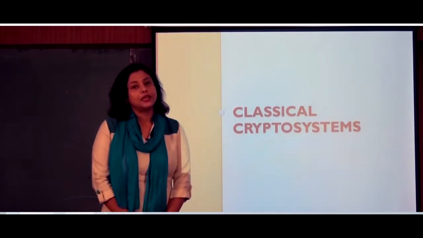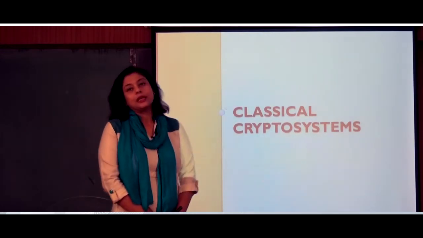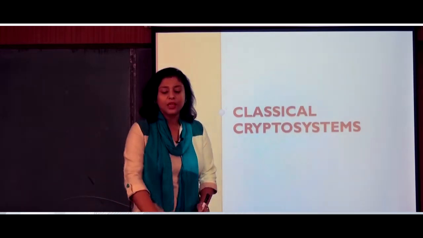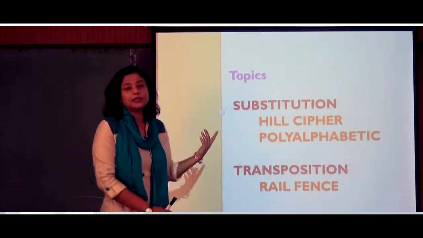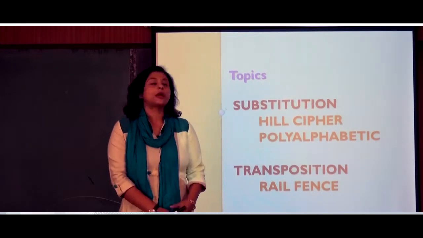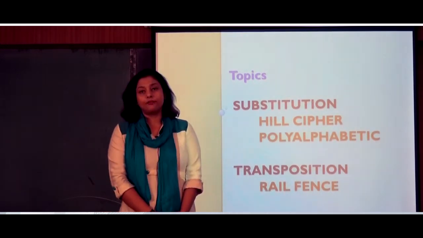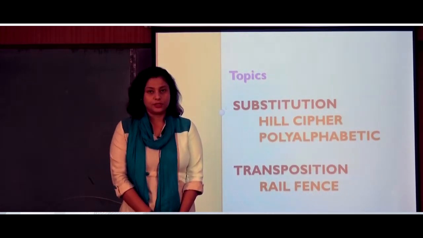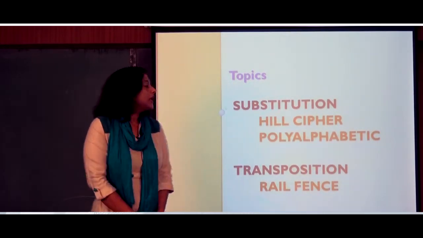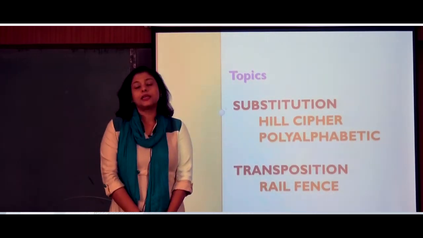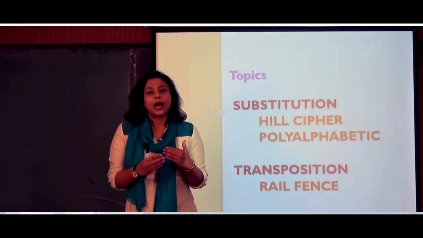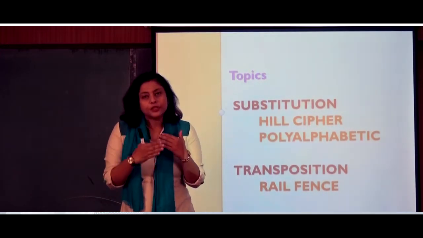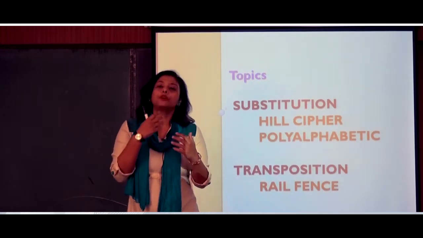Today we are going to study some more algorithms of the classical crypto system. So let us start with substitution techniques for the classical key crypto system as well as transposition techniques. In the substitution technique, we are substituting one word for the other.